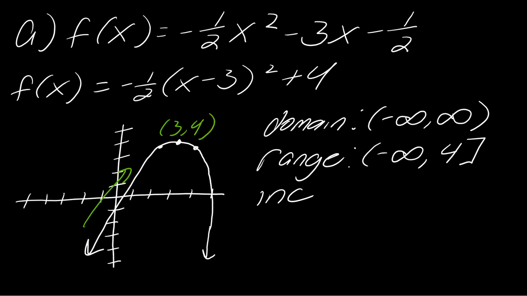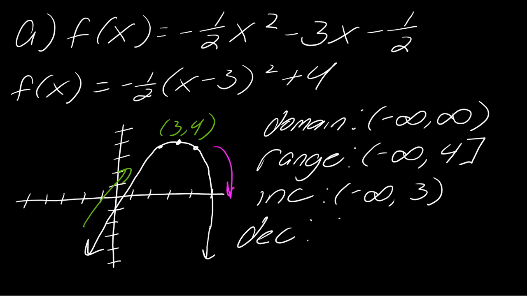We're increasing all the way up to the x. So I go from negative infinity up to 3. 3 will get a round bracket because this is where the increasing to decreasing changes, so 3 does not get included. I increase to this point, and then from here down, from 3 to infinity, I am decreasing. Whew, all right, that was a lot of work, but we got it done.